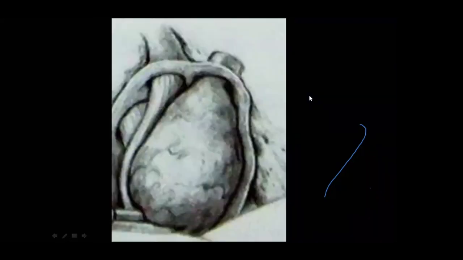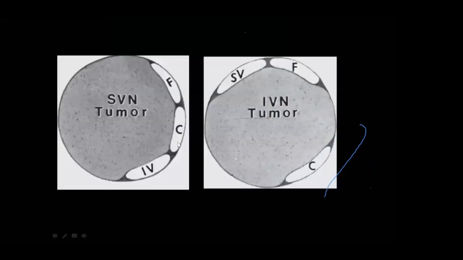So where is the facial nerve in relation to the tumor when it happens? So this is a superior vestibular schwannoma, and look where the facial nerve is. If the superior vestibular nerve is the origin of the tumor, it will take the facial nerve this way. If the inferior vestibular nerve is the origin of the schwannoma, the facial nerve would go this way.